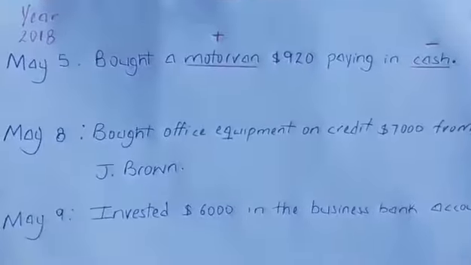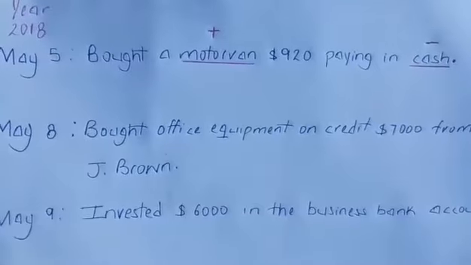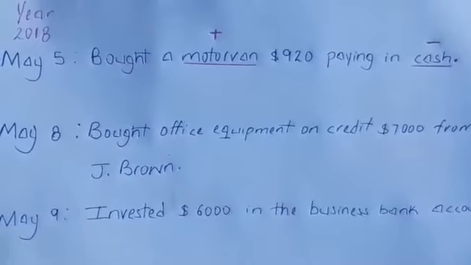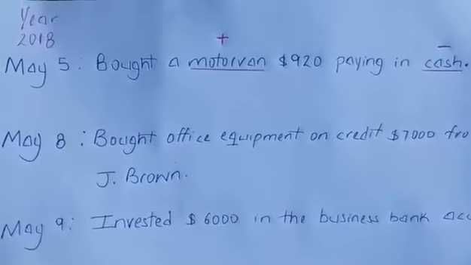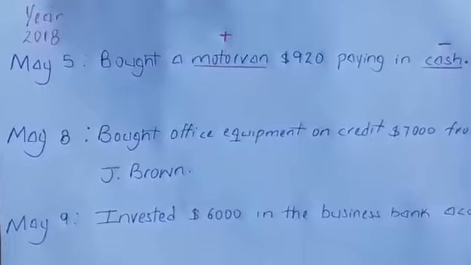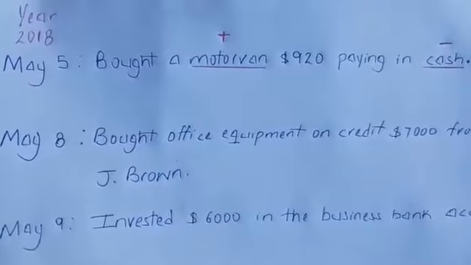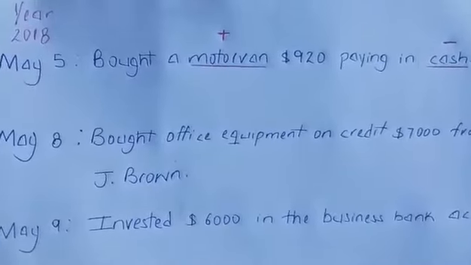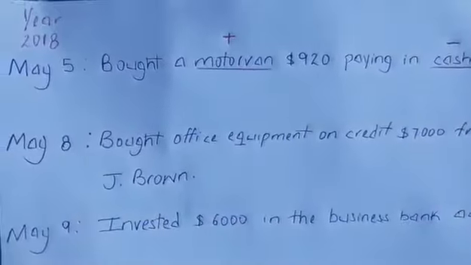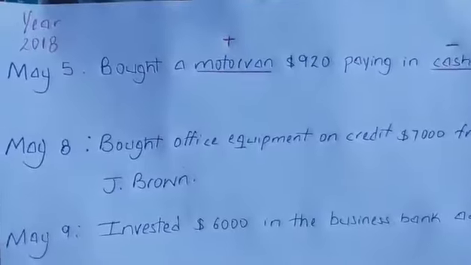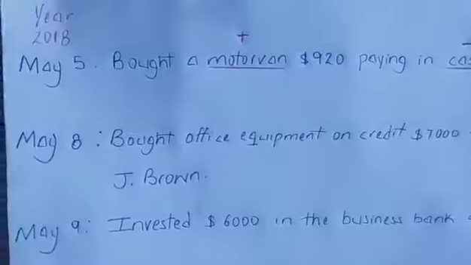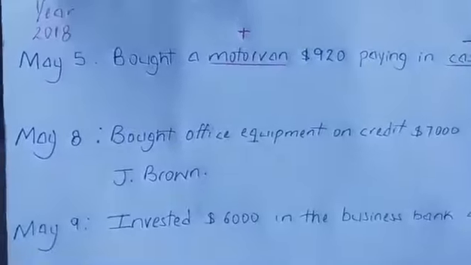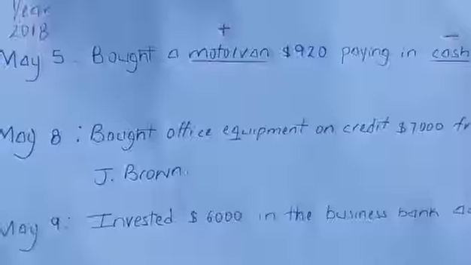The next thing I now need to do is to say how these items will be treated. But in order for me to do that, I now need to know what motor van is to the business and what cash is to the business. So how would we classify motor van? As an asset, or as a liability, or as capital?